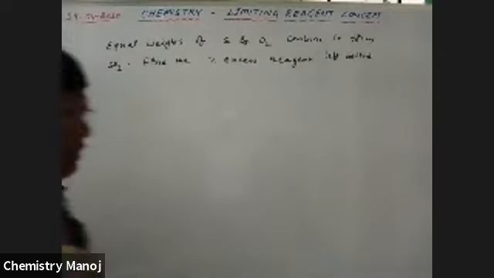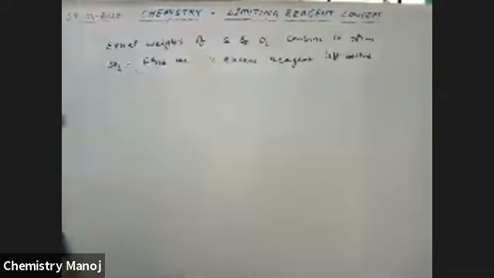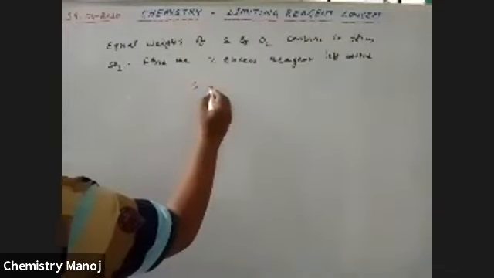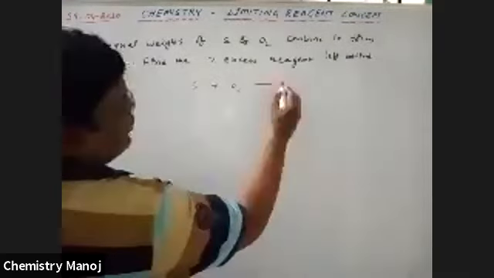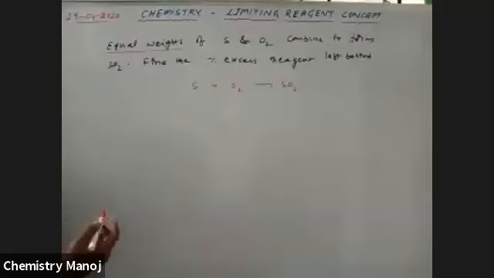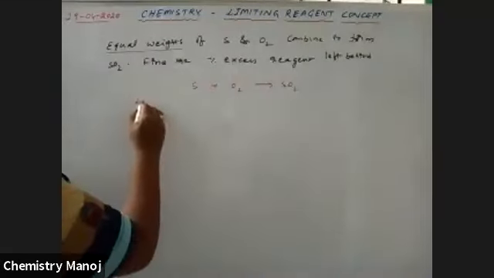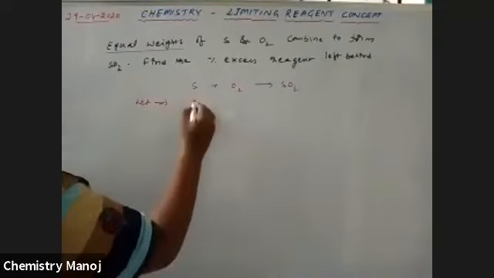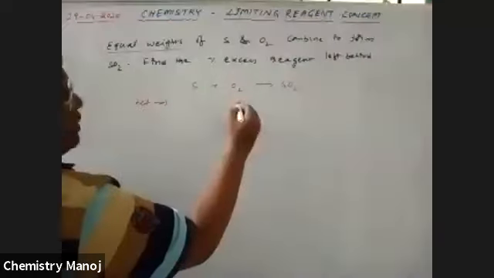How much? Yes, it is 0%. Good. I already explained the concept. That is, sulfur combined with oxygen gives SO2. Equal weights are given to you. Let the weight of sulfur be 1 and oxygen also 1.